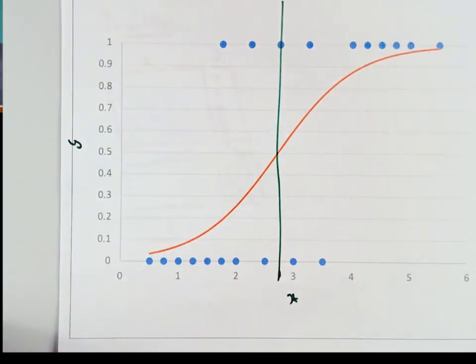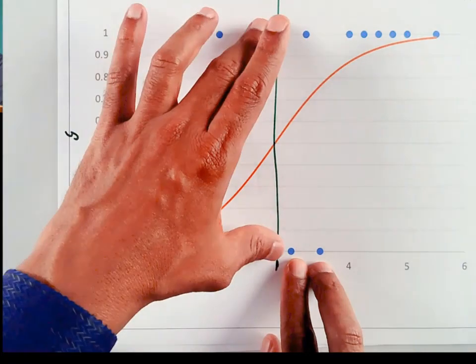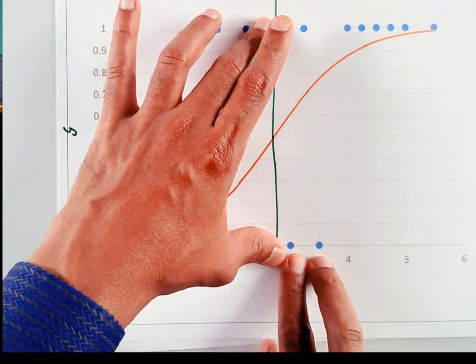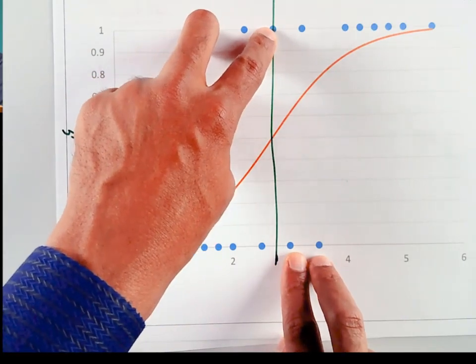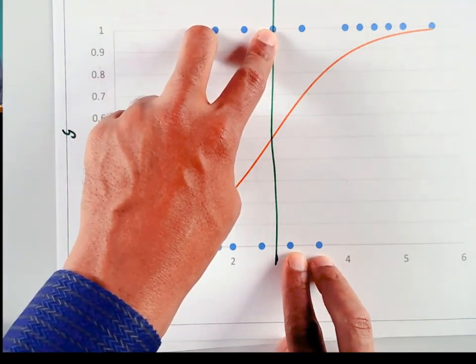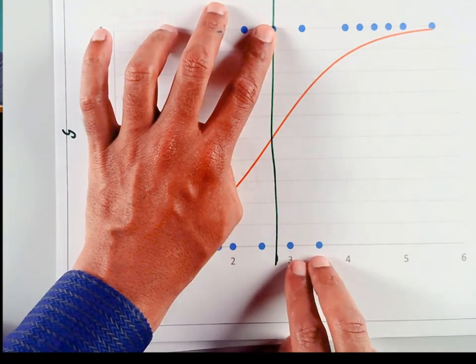But then these 2 mistakes cost me a lot more. With these 2 people, I gave them a loan because they were above 0.5, but they did not repay. But with these 3 people, I did not give them a loan, but they would have repaid. So the cost of these 3 is much, much lower than the cost of these 2.